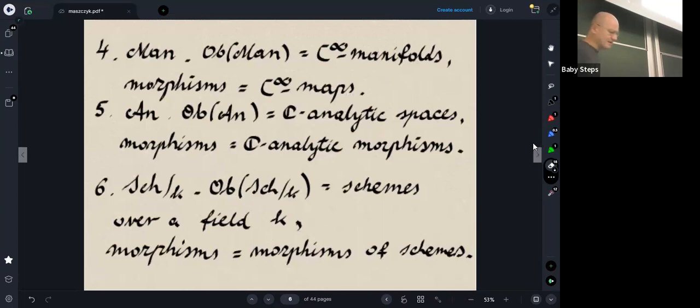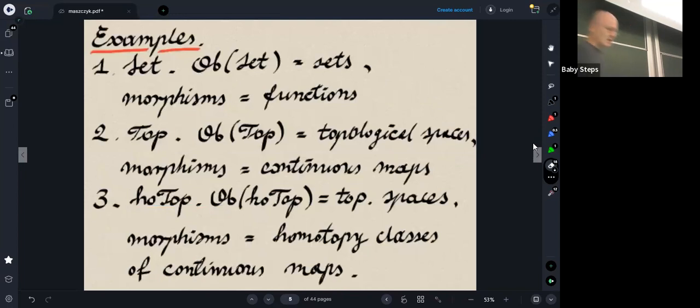So there are many examples of such structures in mathematics. First of all, the category of sets, denoted by Set. Objects of this category are sets, and morphisms are functions. Second example is the category of topological spaces, whose objects are simply topological spaces, and morphisms are continuous maps. Everybody knows that these rules for composing such maps hold.